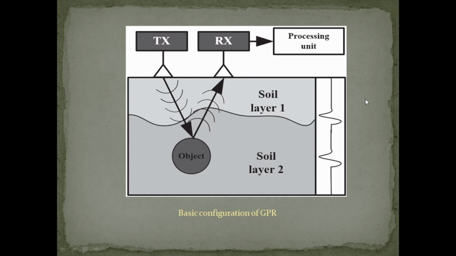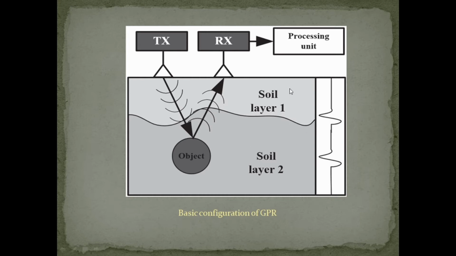GPR can be used to detect subsurface objects or gaps, cracks, and changes in the properties of the material below the ground, which we can't normally see or know. The permittivities of the material below the surface reflect, refract, or scatter the signal, and the signal thrown back from the object is caught by the antenna.